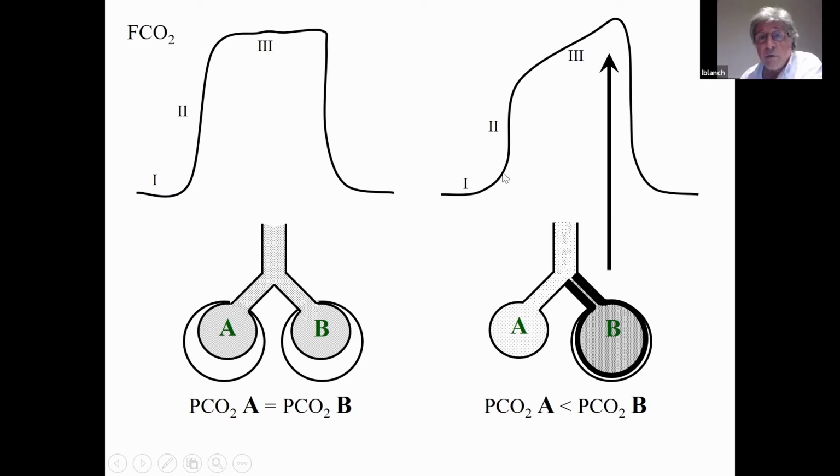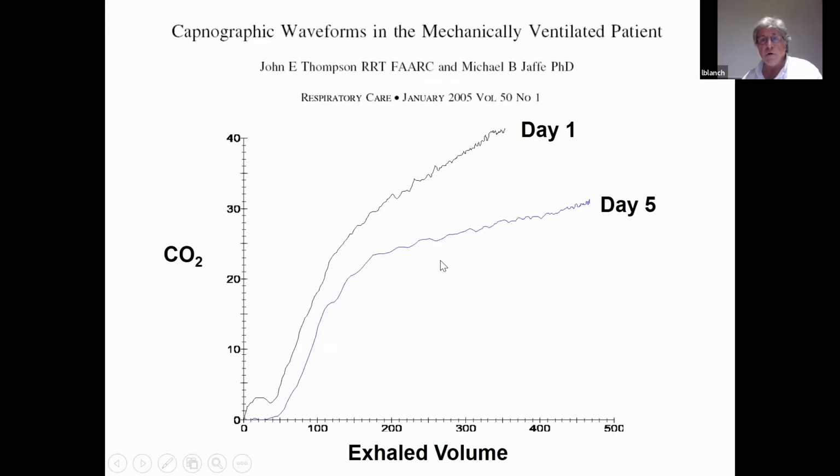And in the airway waveform, the transition from phase 2 to phase 3 has disappeared, and even the end-tidal can be higher than the arterial, because this represents the continuous influx of mixed venous PCO2 to the airway. So this is the pattern of COPD, asthma, or airflow obstruction.